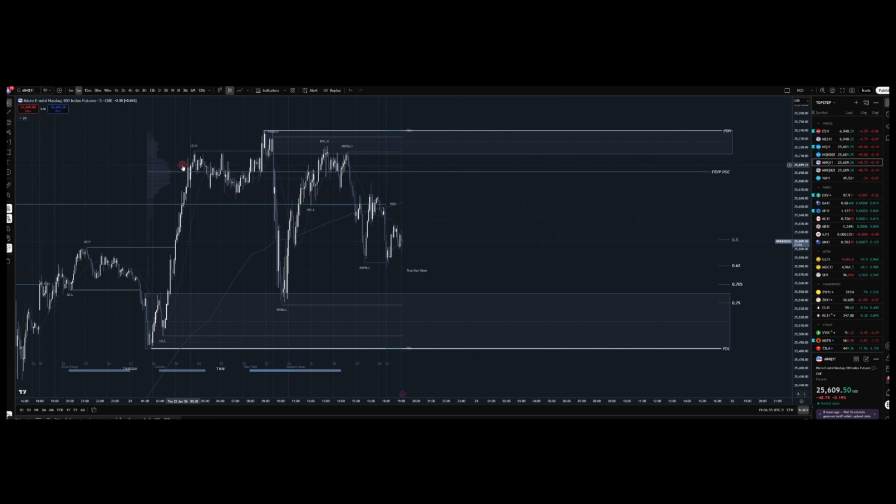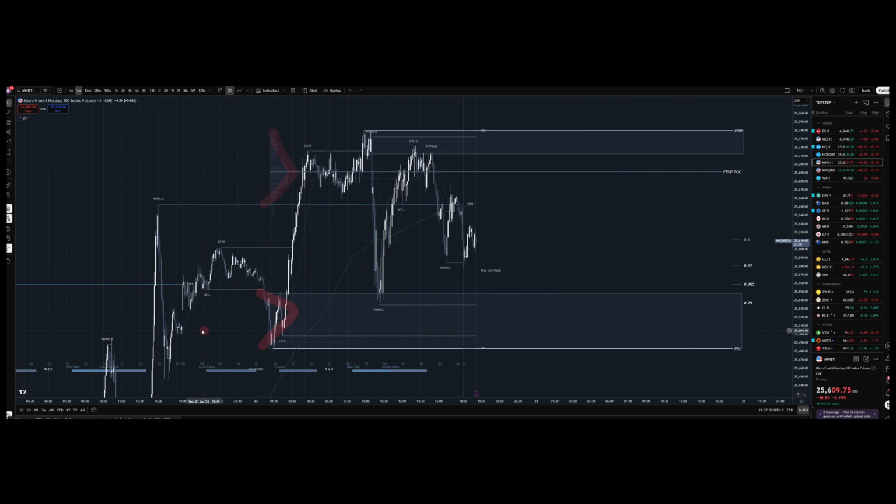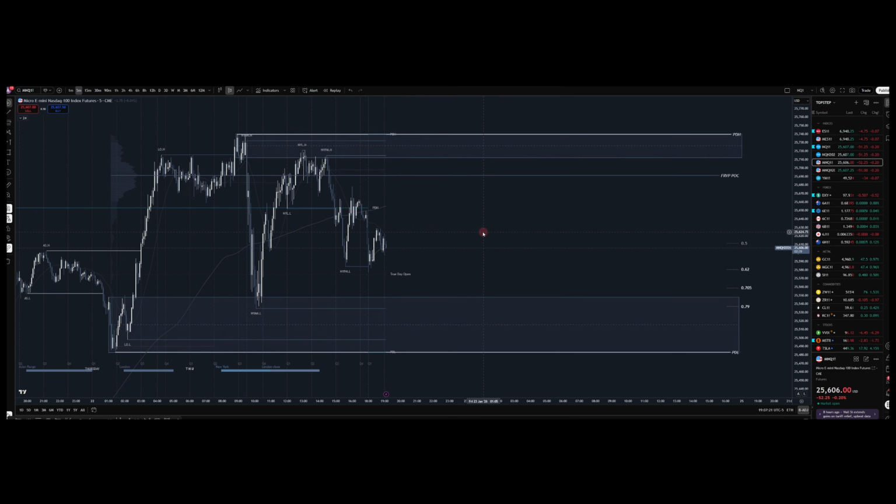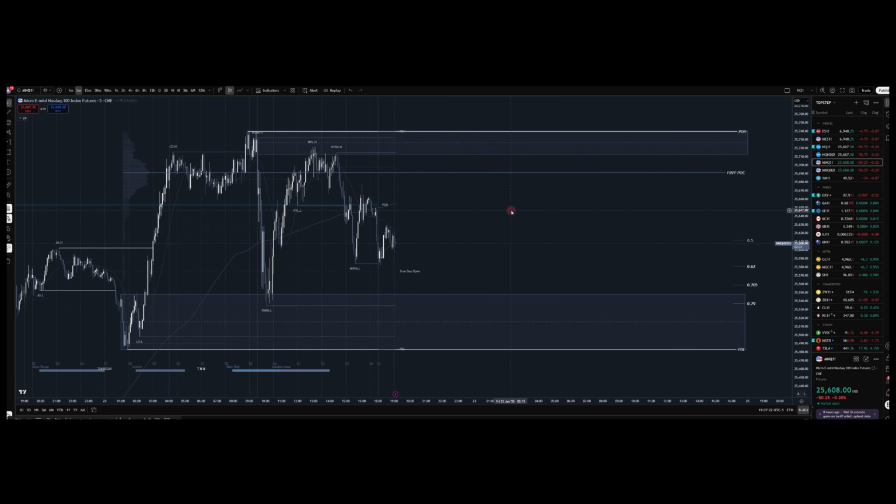When we do this too, and you see where you get these big high volume nodes in these areas, it works really well for Asia when you see, say we have a New York PM manipulation down here, and our previous daily range is like this, and we get a POC in that New York PM manipulation zone, it always gives good confluence for the Asia longs to come in and push back towards PDH.